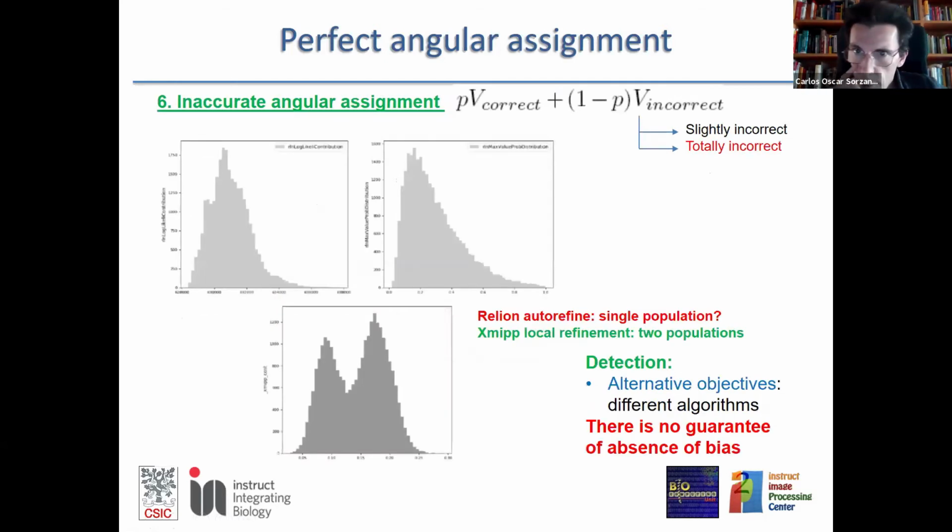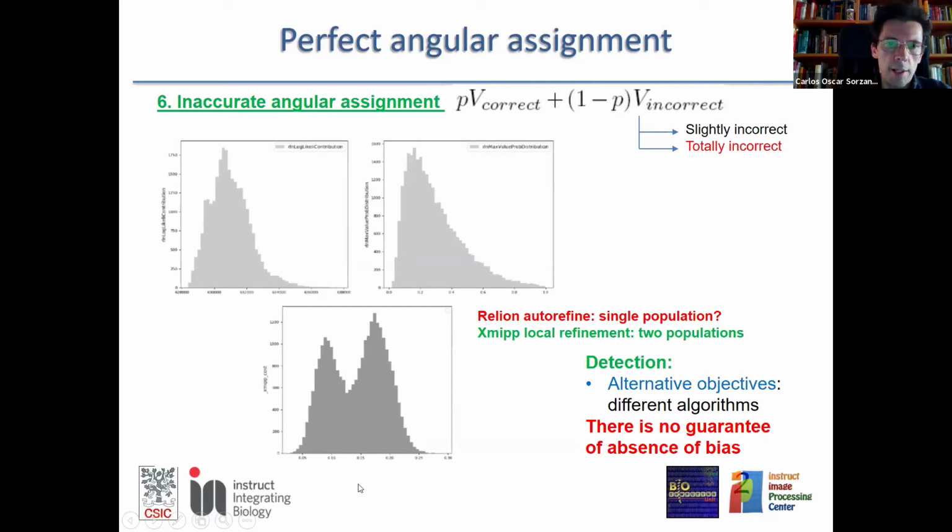The same happens if you use just one cost function, or one similarity function, to compare your experimental images to your reprojections. In one single similarity function, things may look like a single population, but if you look now with different mathematics, you realize that you have two different populations.